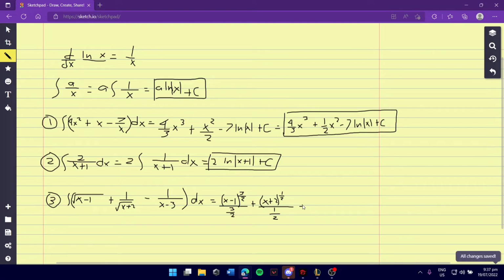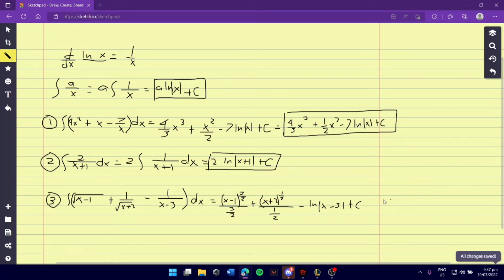Next term, since it is x minus 3, it will simply become ln of x minus 3, then add our arbitrary constant.